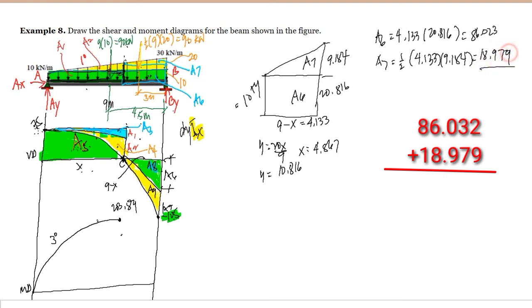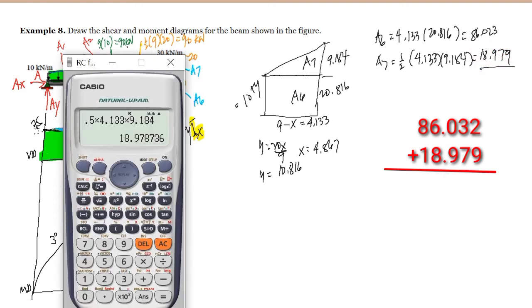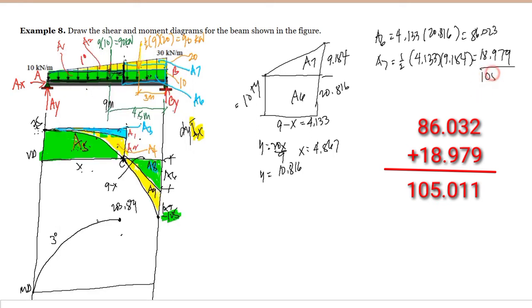So kapag pinag-add natin to, we have 86.023 plus 18.979. We have 105.002, approximately 105.